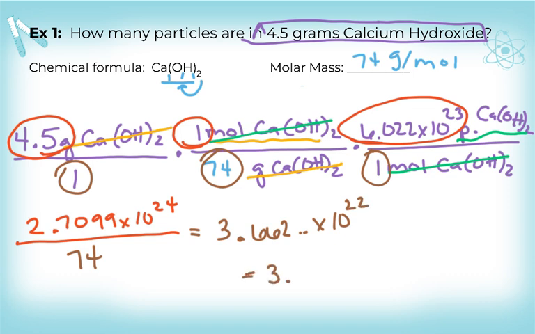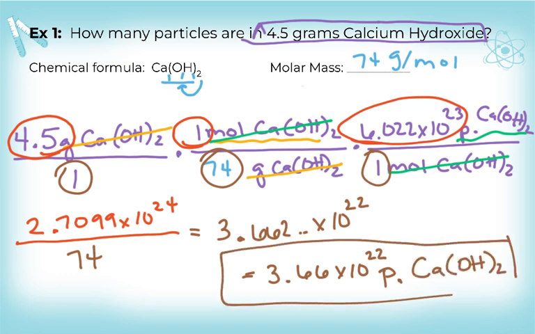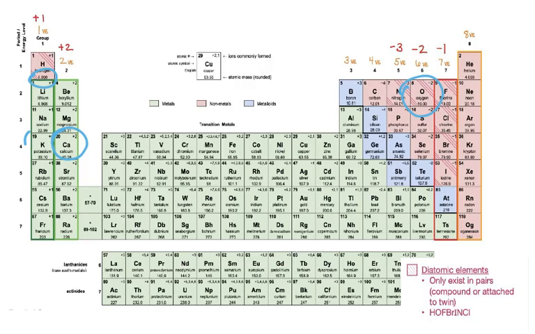So 3.66 times 10 to the 22, and we need to add on our units, particles of Ca(OH)2. So if we had 4.5 grams of calcium hydroxide, that's going to be equivalent to 3.66 times 10 to the 22 particles of that substance.